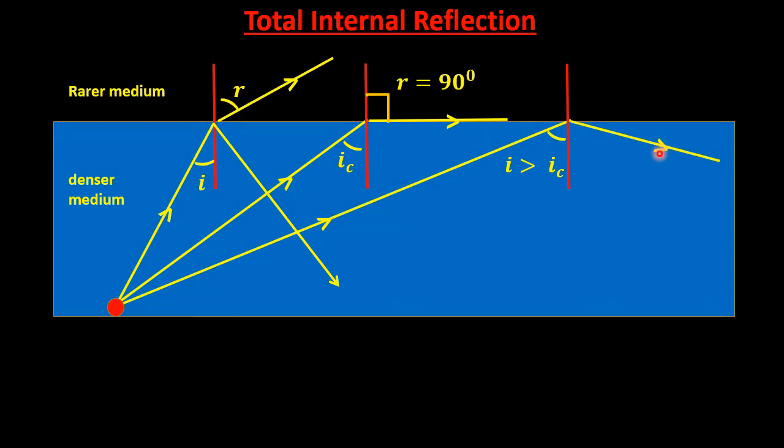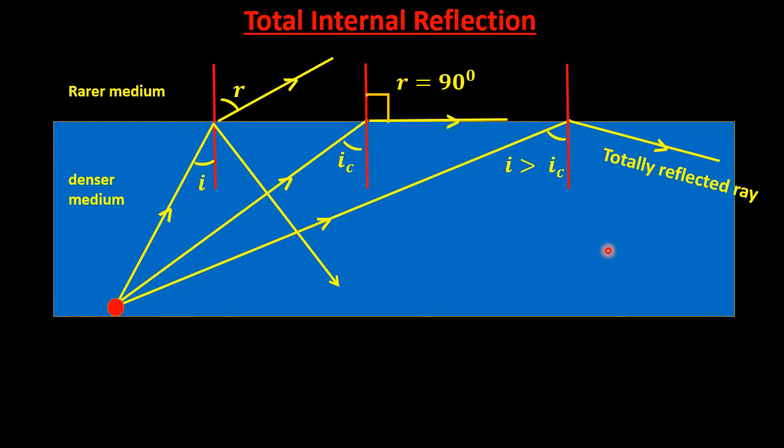This phenomenon we call total internal reflection. So here we will not see refraction but reflection. This is the totally reflected ray. This is the refracted ray, this is the reflected ray. So we have seen refraction in the first case, but in the third case we will see reflection.